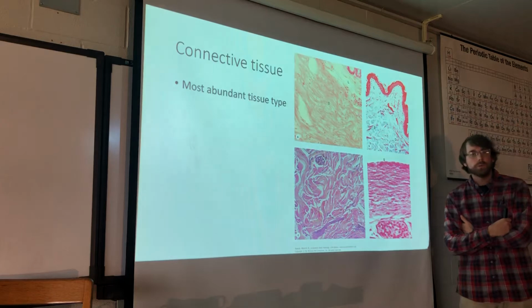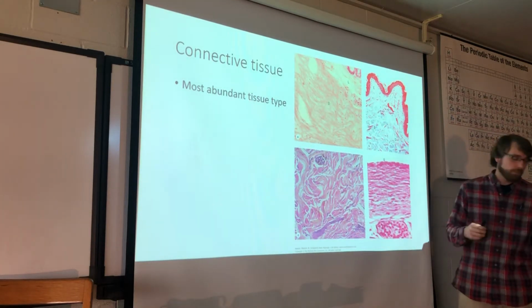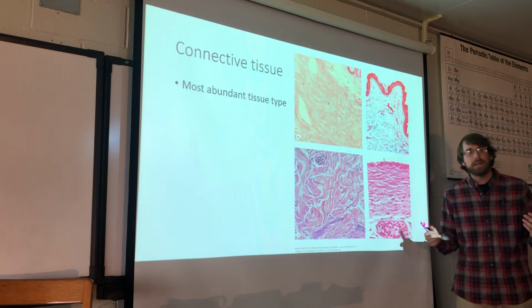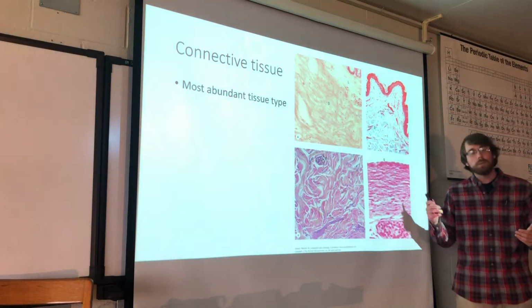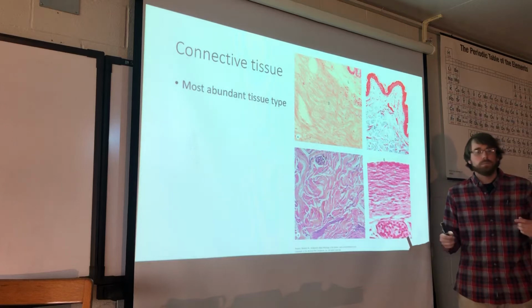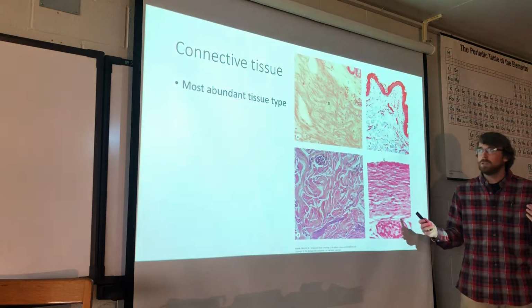So we are going to start talking about connective tissue today. We are going to finish connective tissue tomorrow. So connective tissue is the most abundant tissue type in your body. It spans everything from bone to blood, cartilage, tendon, ligament. It is a very broad class of tissue.